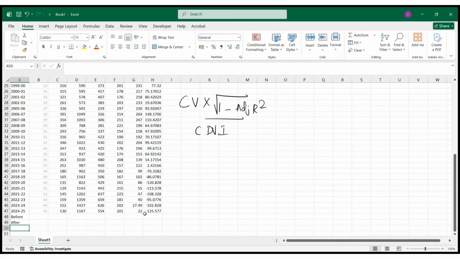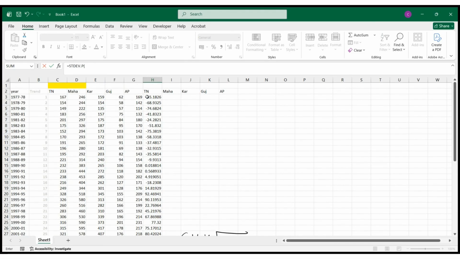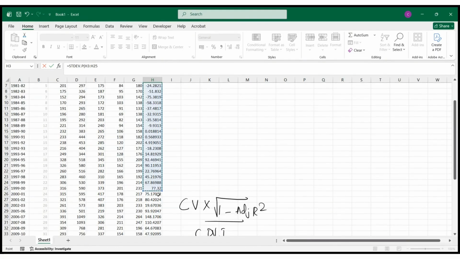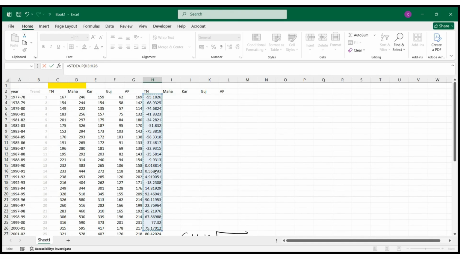So what I will do is find the population standard deviation. For the population standard deviation, I'll take the values up to 2000, so from 1977 to 2000.